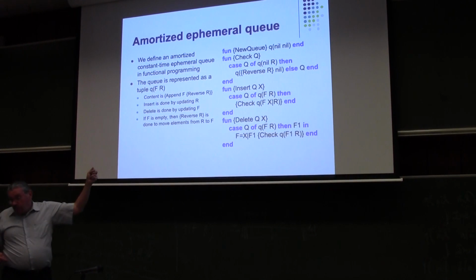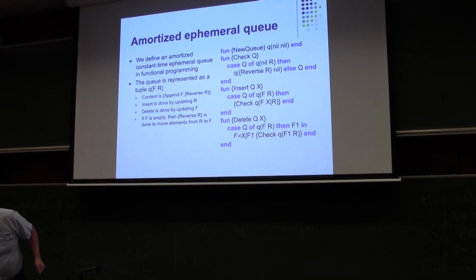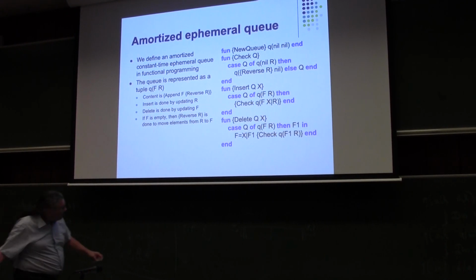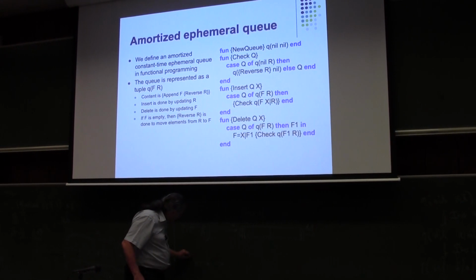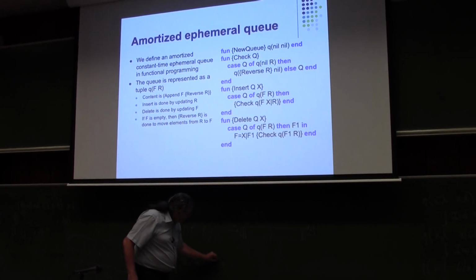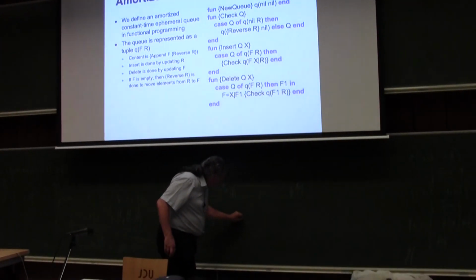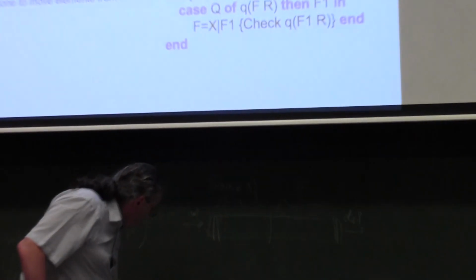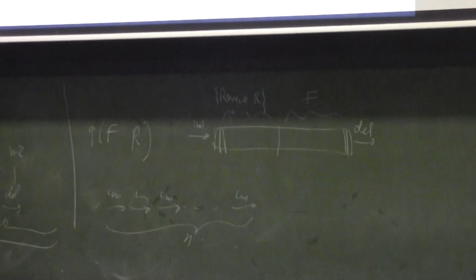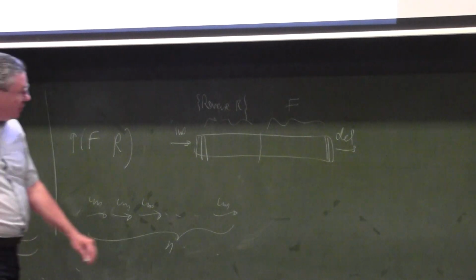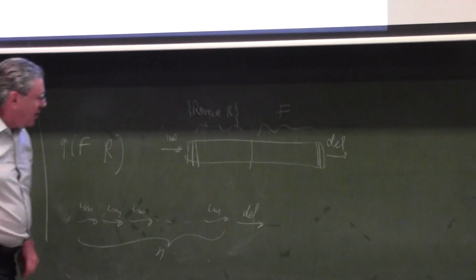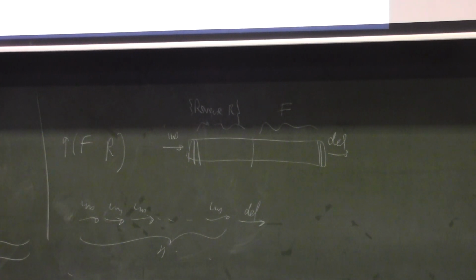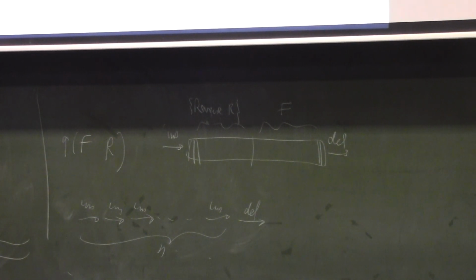So now, what is the complexity of this guy? If I do an insert, an insert, an insert, n inserts, those are all constant time. And now I do a delete. This delete is going to do the reverse.